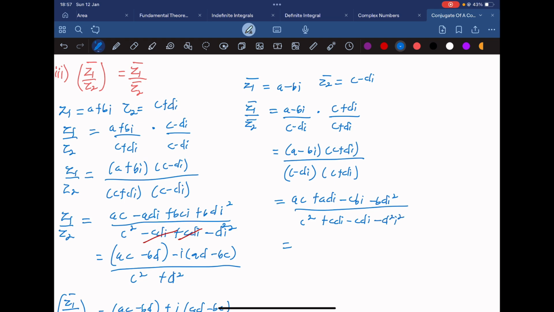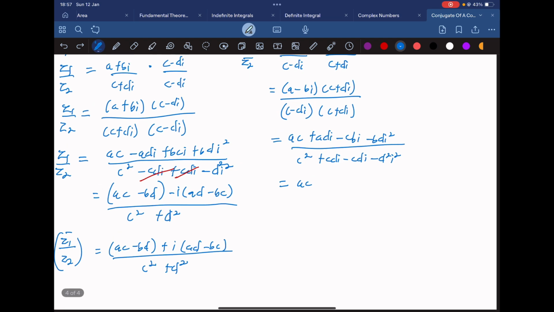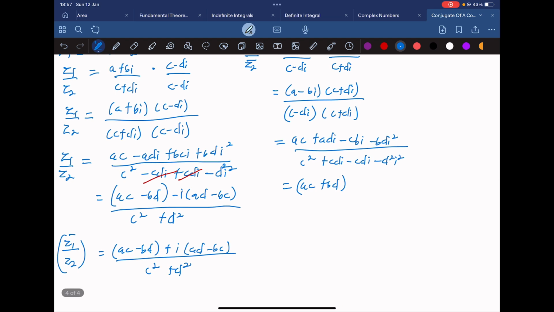So this simplifies to, now we have AC over here. If you simplify this, there should be positive BD. So this is plus BD. Okay, then if you bring the I outside, we can have plus I over here.